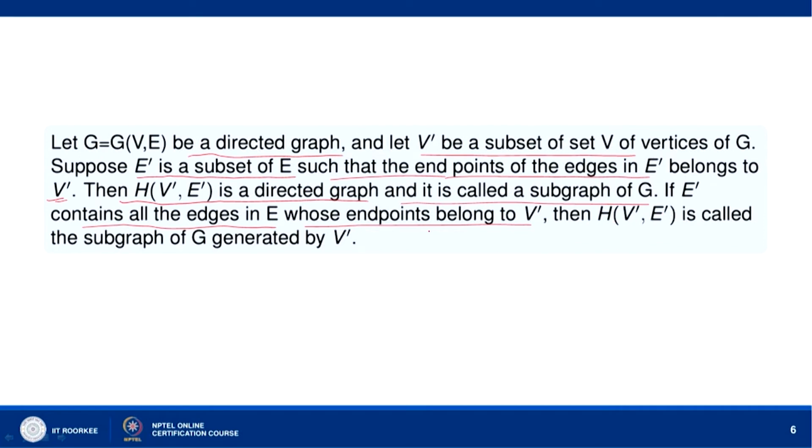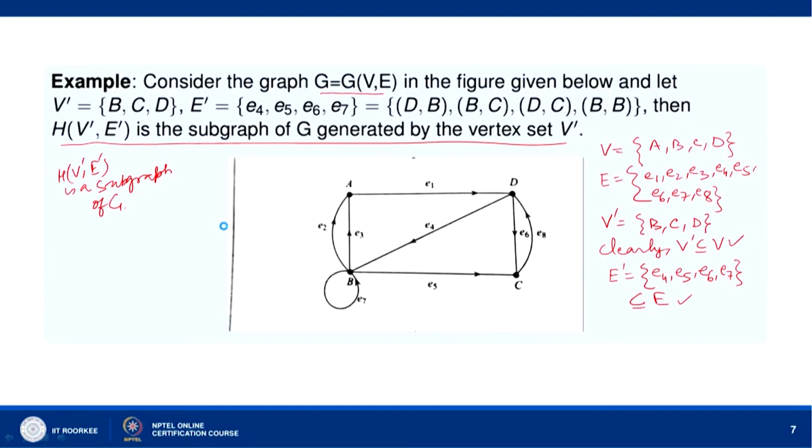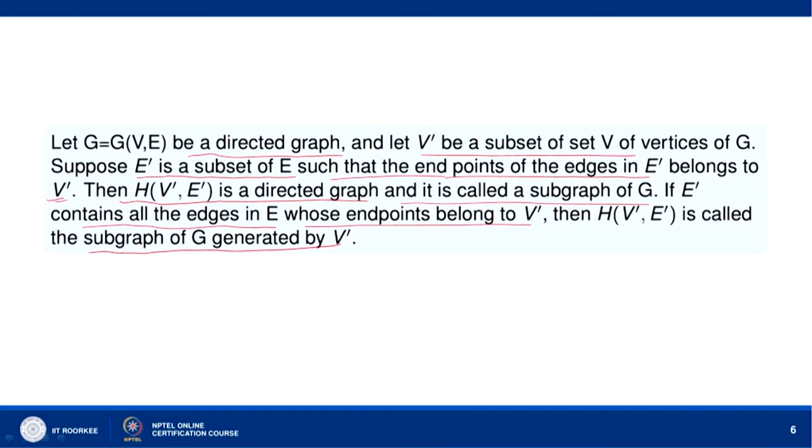H B dash E dash is called the subgraph of G generated by B dash if E dash contains all the edges in E whose end points belong to B dash. Let us see what is B dash here. B dash is BCD, the end points B, C, D. So we say that E dash contains all the edges in E whose end points belong to B dash.